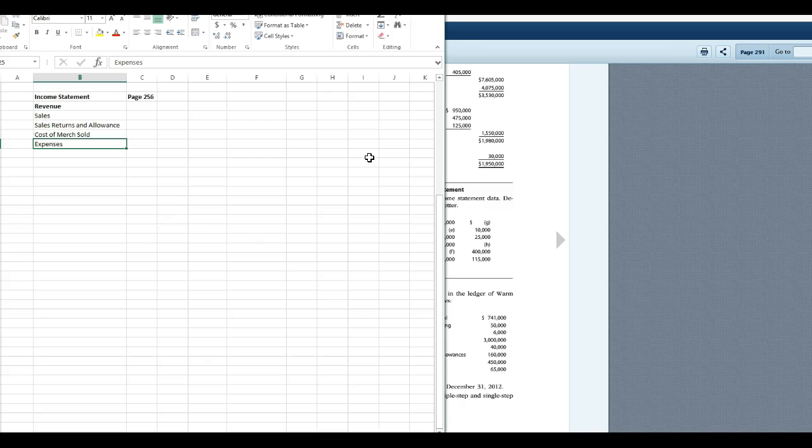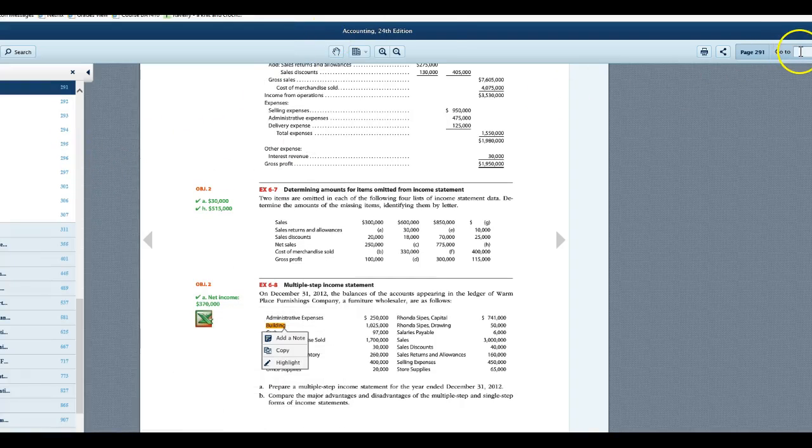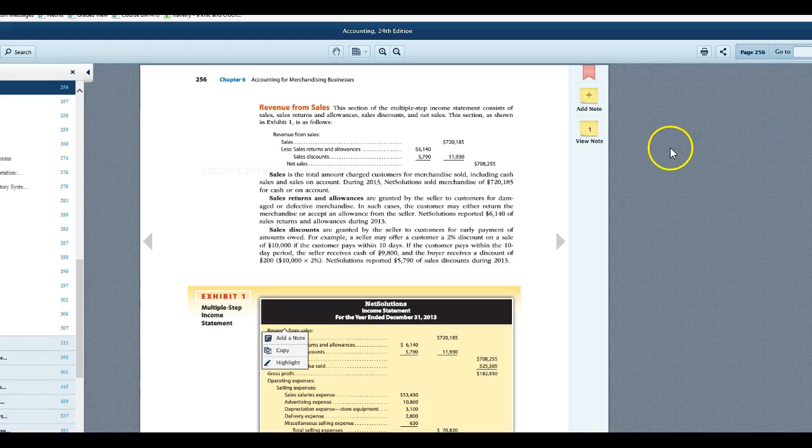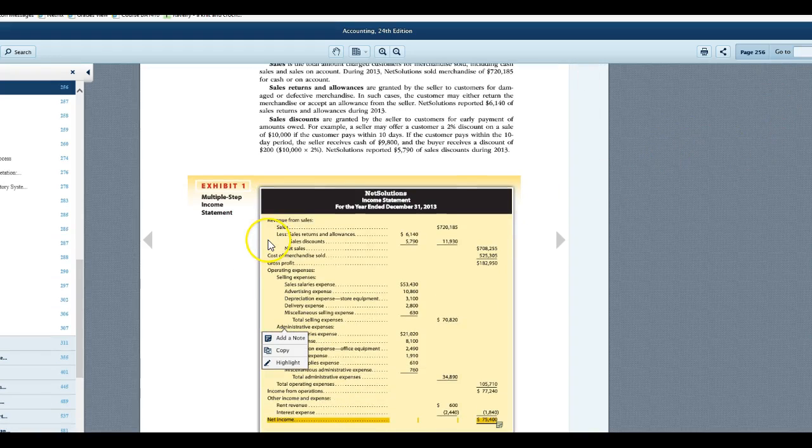You can also use a couple other resources. If I go back to page 256, I can follow the multi-step income statement shown here, and it'll give you examples of accounts.